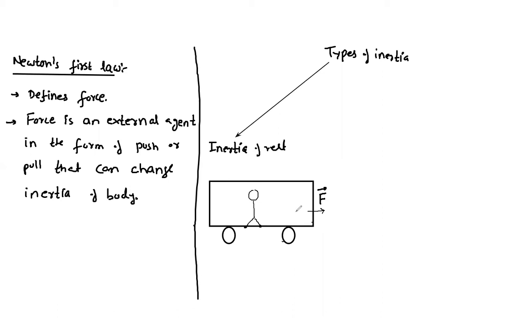He comes in motion along with the bus, but no force is directly acting on the upper part of the body. So this upper part will try to maintain its inertia of rest. It will try to remain at rest. The lower part moves in the forward direction, but the upper part tries to maintain its inertia of rest. So what happened? This upper part will experience a backward push due to inertia.